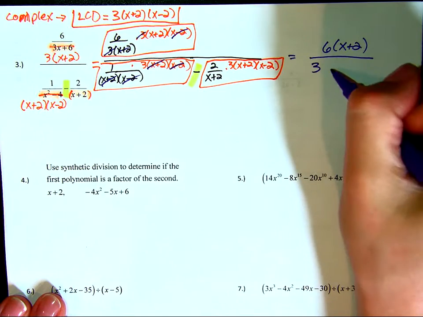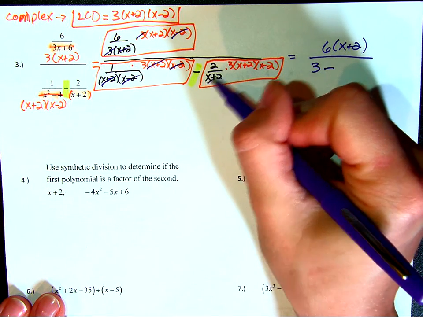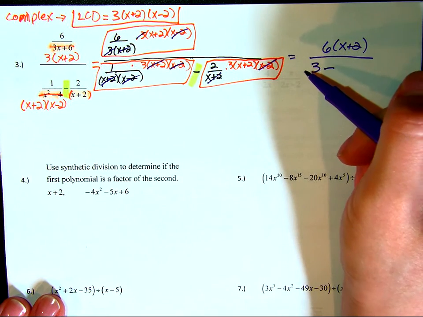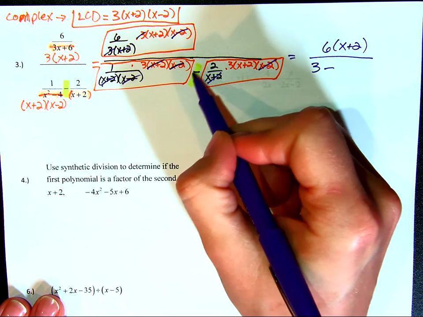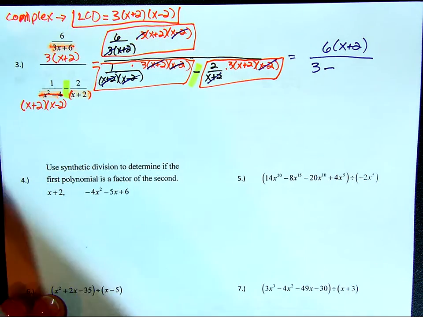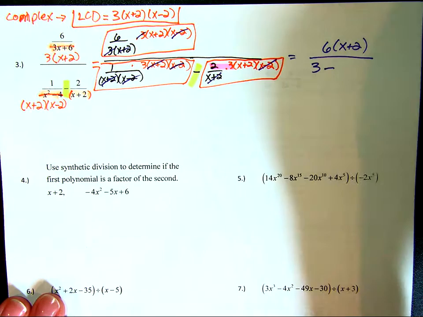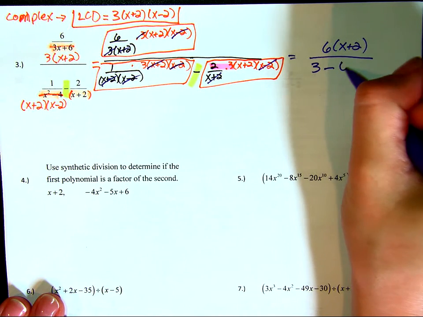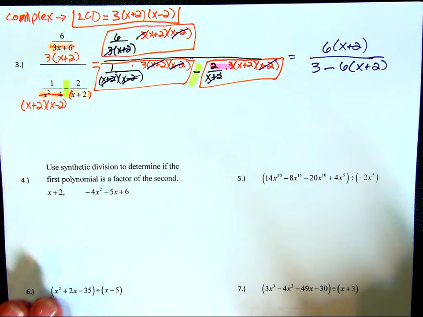And then the x plus 2's would cancel. Now here, do not just start distributing in because of this minus sign. You're going to have to distribute a minus sign, but you can go ahead and combine the 2 times the 3 because they're both in the box and on the outside. So 2 times 3 is 6, and then we have the x plus 2 as well.